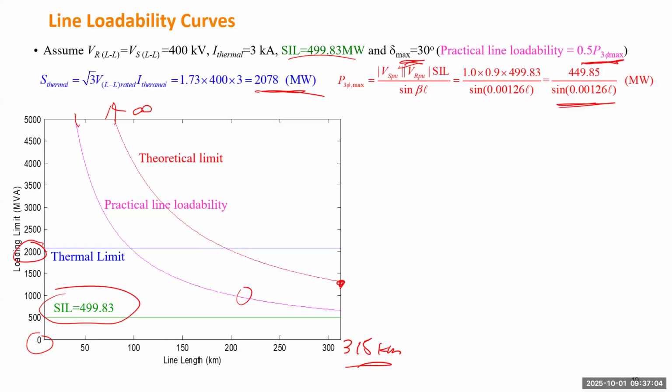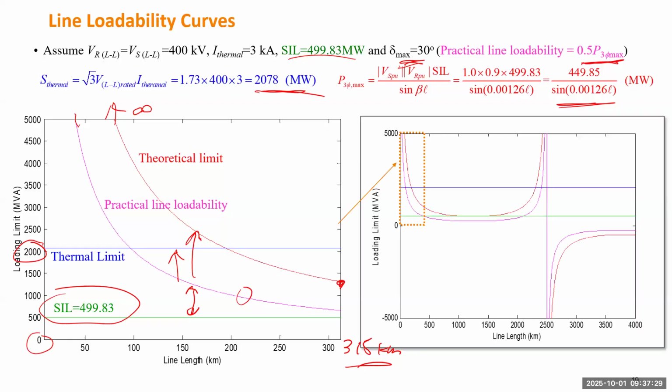We still need to pay attention to the margin between this load and the practical limit. We don't want the line to be overloaded. You can slightly exceed the practical line loadability, but you should never go to either the thermal limit or the theoretical limit. So that's a line up to 315 kilometers.